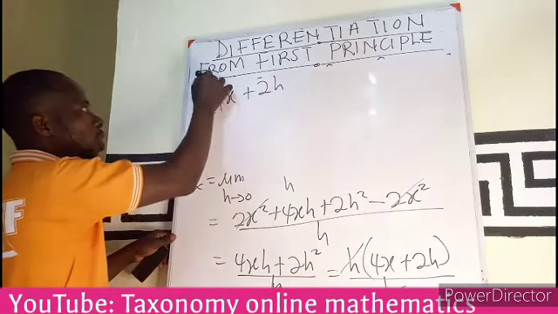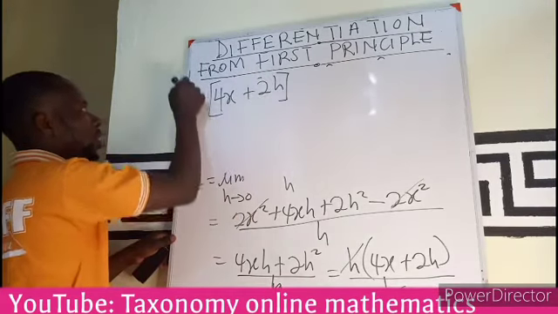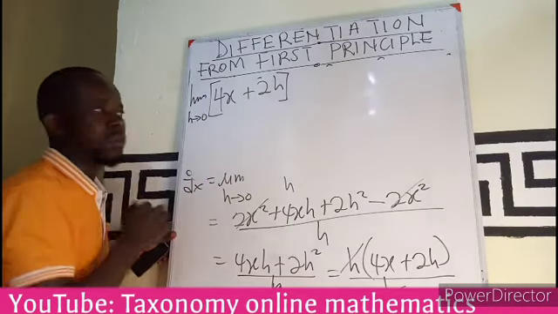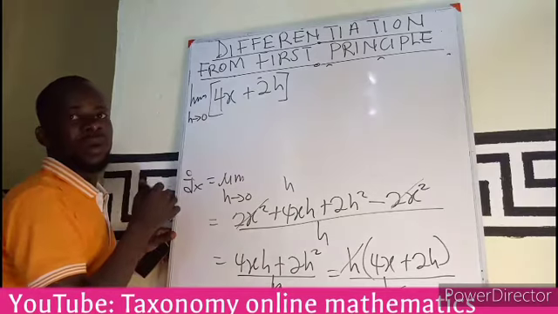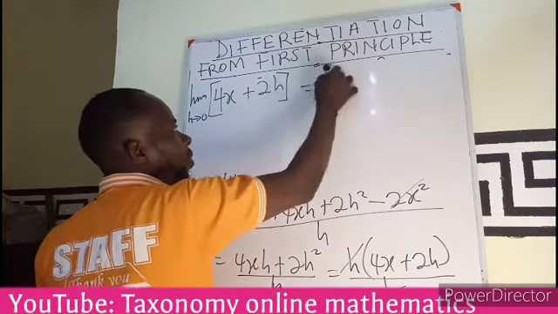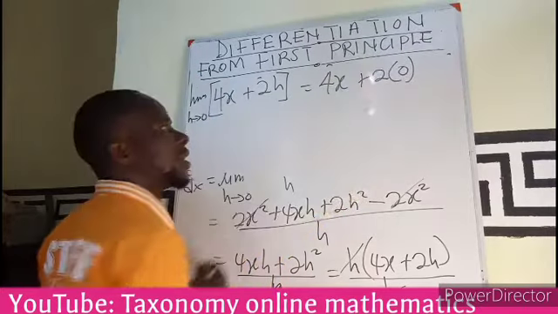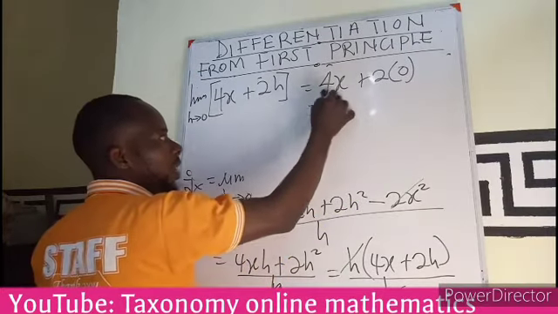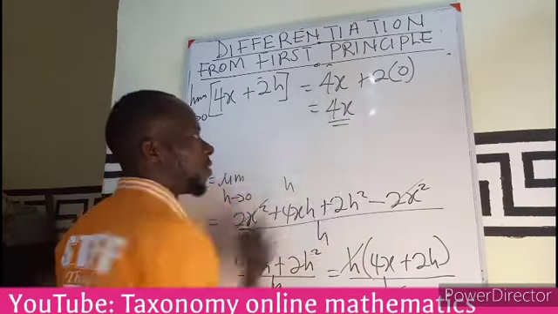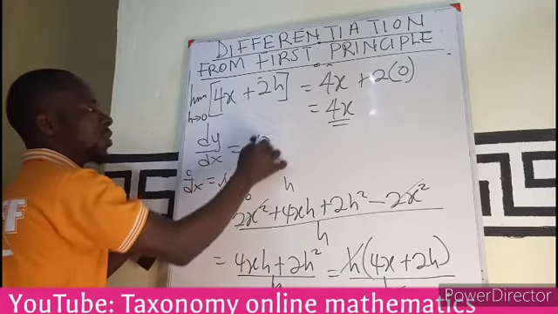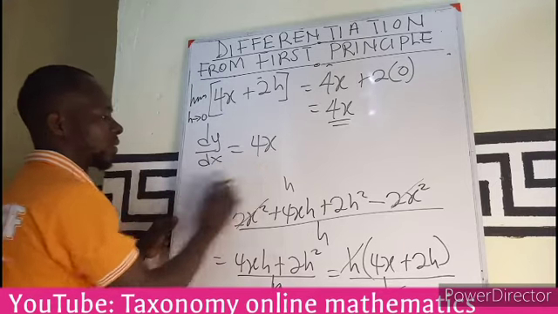So if I put all this into the limit while h is approaching 0, whenever I see h, I put 0. So this becomes 4x plus 2h, and the h is what? 0. So all the way, the answer we are looking for, dy/dx, is just going to be 4x.